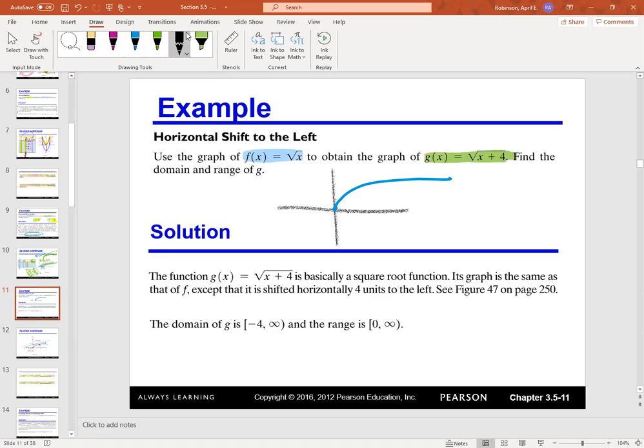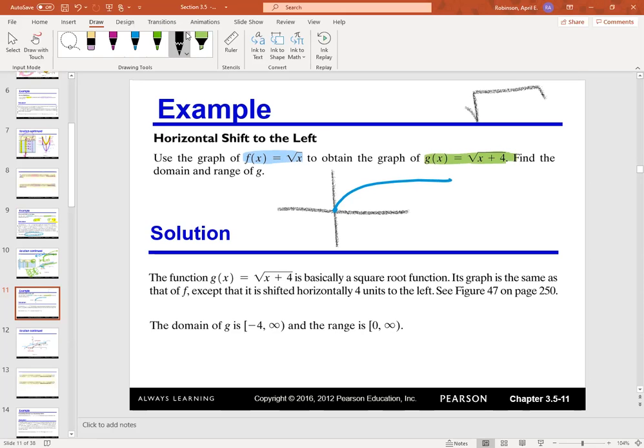Since I have the square root of x plus 4, in order to get the square root of 0, x has to be negative 4 so that you'll get a y coordinate of 0. So this graph is actually going to shift 1, 2, 3, 4 places to the left. It's going to be here and going like this.